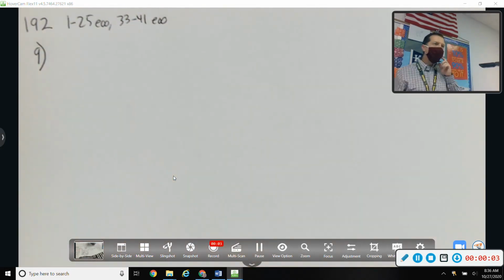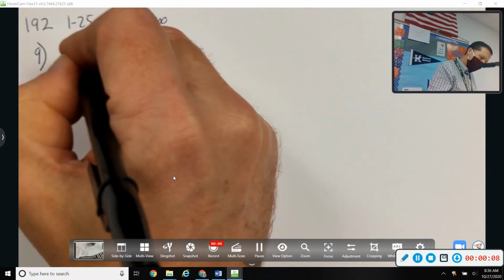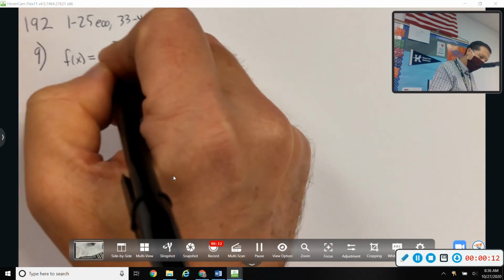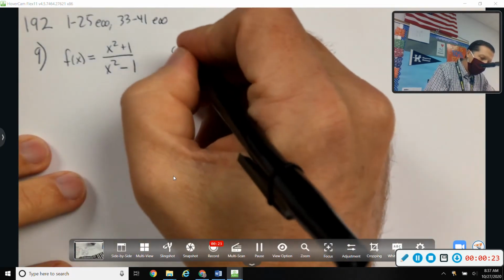Alright, page 192, number 9. F of x equals x squared plus 1 over x squared minus 1. And the directions say, determine the open intervals on which the graph is concave up or concave down.